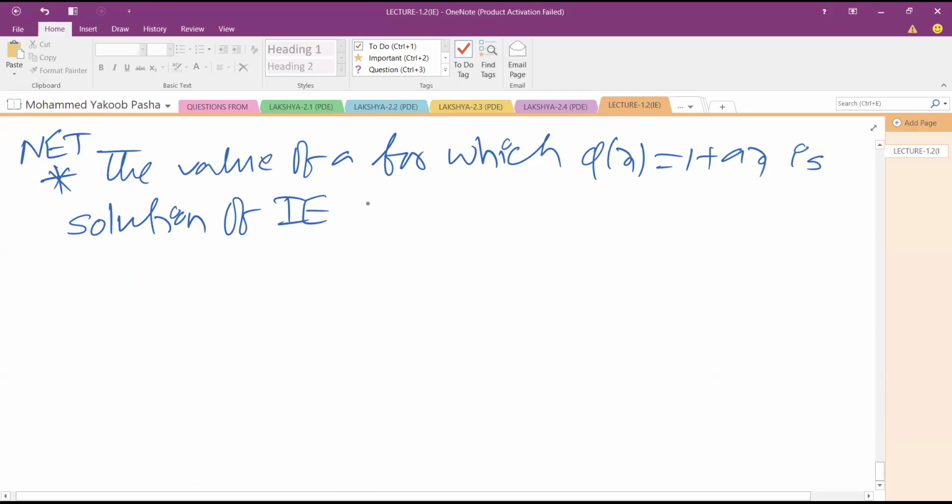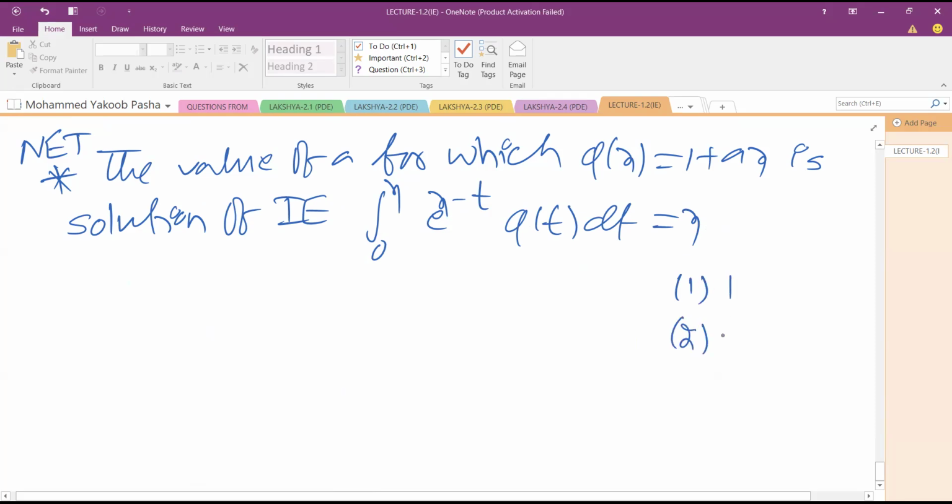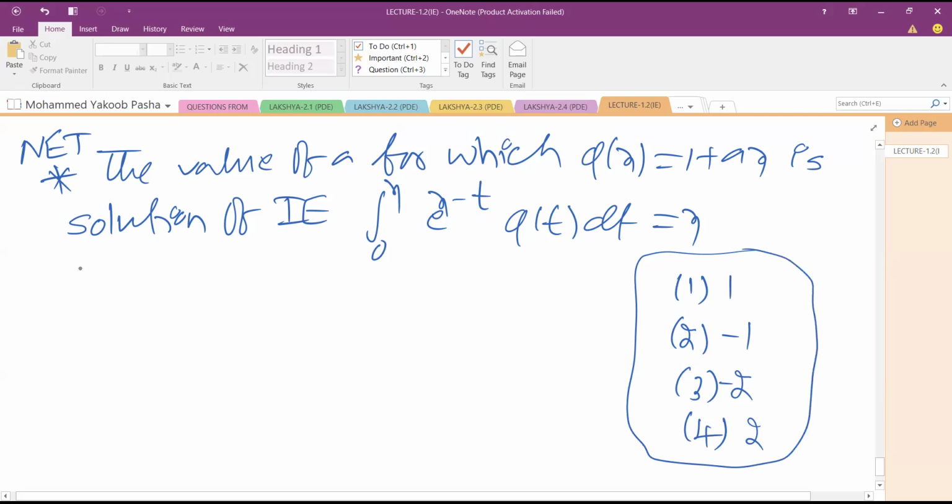We are given the integral equation 0 to x e to the power of x minus t phi of t into dt is equal to x. Okay, this is the integral equation and we have options. First option is 1, second option -1, third option -2, fourth option is 2. Okay, we have these options.